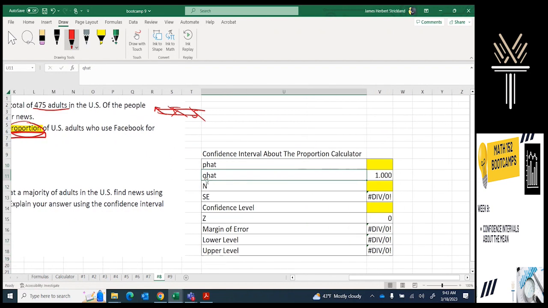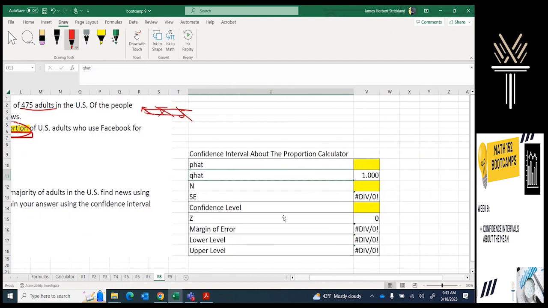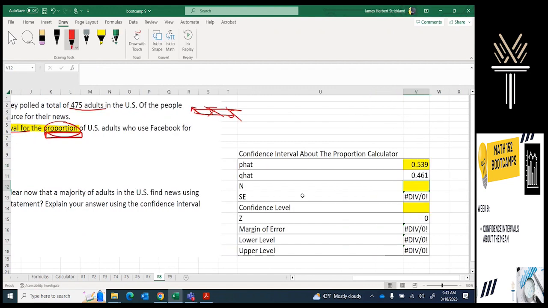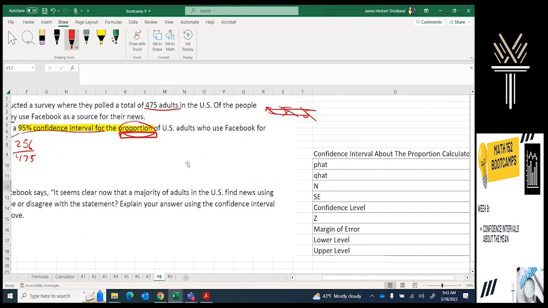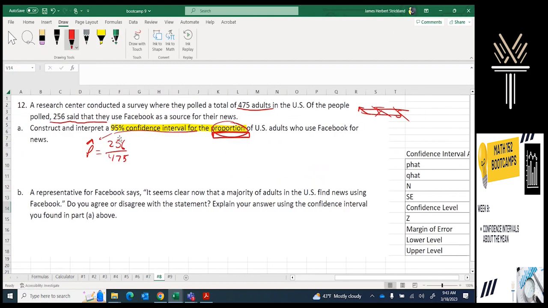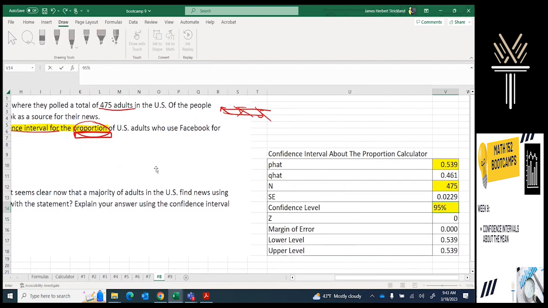Here we go, though. We have p hat, that's that fraction relationship, 256 out of 475. And we have our total sample size, the total group, which is 475. And we have a confidence level because it's given to us as 95%. Notice proportions only requires 3 inputs.